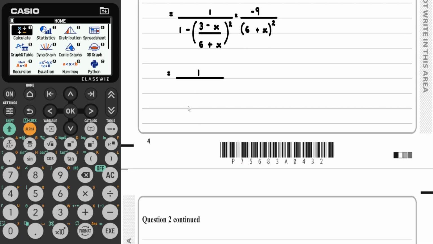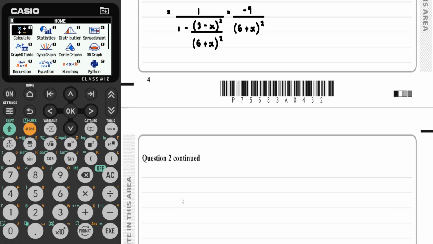So we have 1 over 1 subtract. Now here we would have (3 subtract x) squared over (6 plus x) squared, and then we multiply by negative 9 over (6 plus x) squared.